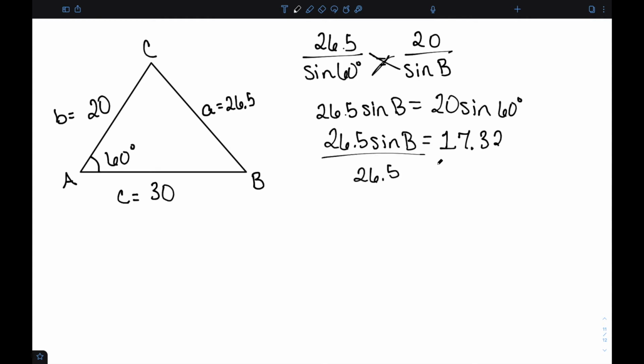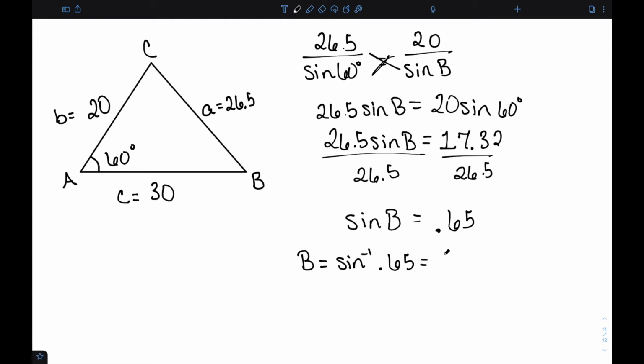I can divide both sides by 26.5 to get that sine of B is approximately 0.65. We can then take the inverse sine of 0.65 to get approximately 41 degrees. So angle B will be approximately 41 degrees. And since we purposely picked the smaller side, we don't have to worry about that ambiguous case in the law of sines.